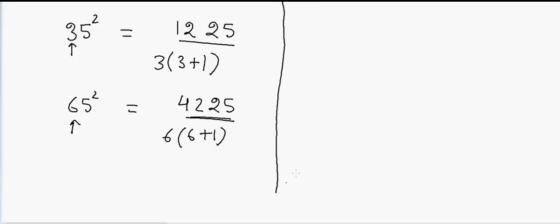Suppose we have any number which ends with 5. That number can be written as 10 into x plus 5. So suppose x is equal to 3, then this number will be equal to 35, right? So suppose we have 10x plus 5 and we want to square it.